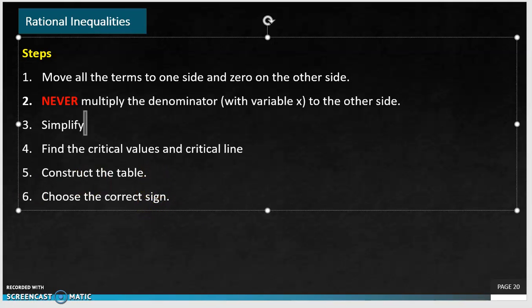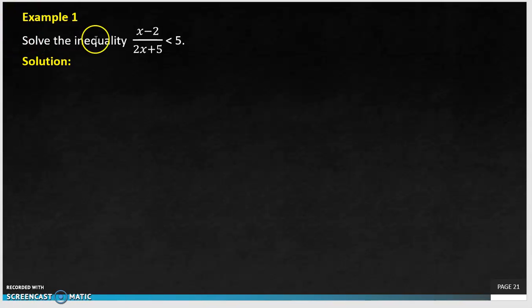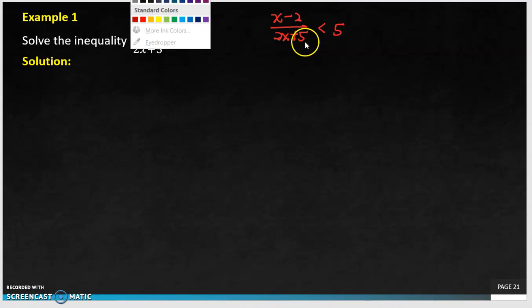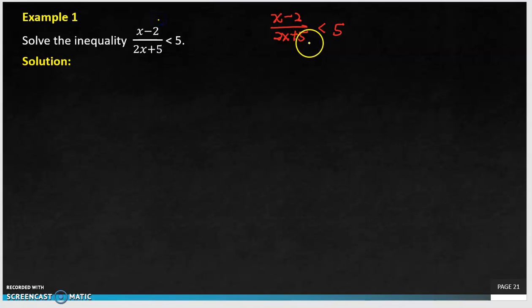So let's look at example 1. Solve the inequality. So here is the rational inequality. The most common mistake made by students is, with x minus 2 over 2x plus 5 less than 5, they multiply the denominator to the right hand side to become x minus 2 less than 5 times 2x plus 5.